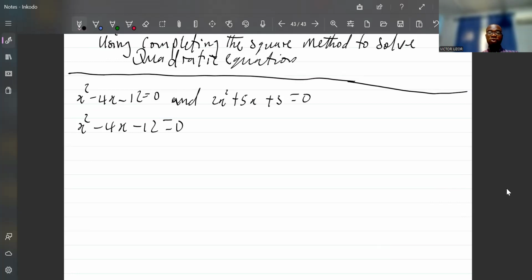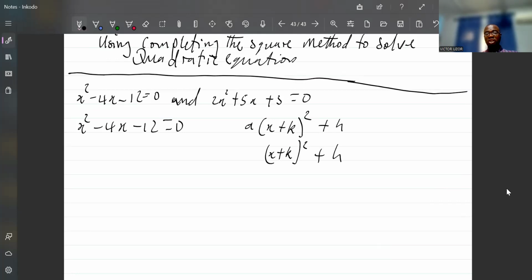Vertex form is going to be either a(x minus k) squared plus h, or you put it in the format of (x plus k) squared plus h.